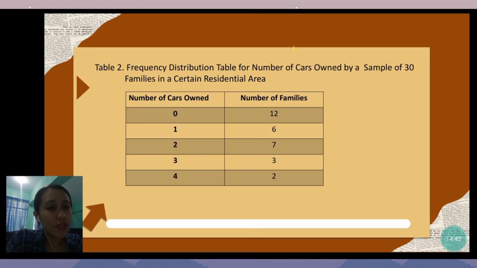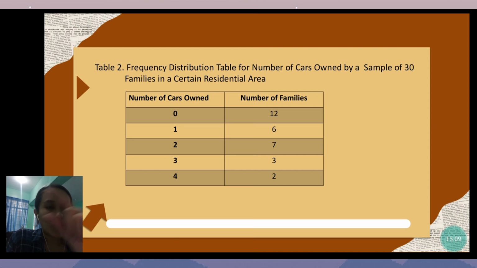So we have another example. Table 2 shows the FDT for the number of cars owned by a sample of 30 families in a certain residential area. Now, the number of cars owned and the number of families. For the first class, there are 12 families who do not own a car.